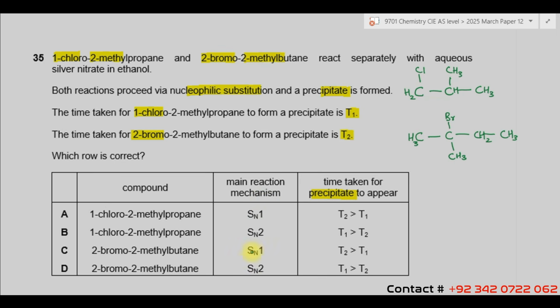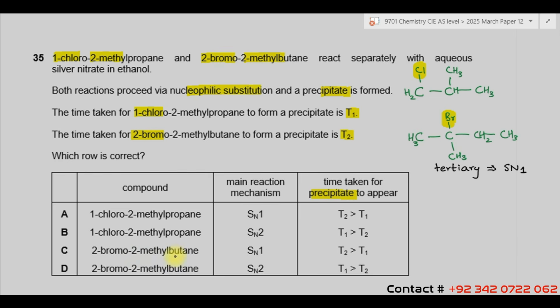SN1 and SN2. Now SN1 is always followed by tertiary halogenoalkanes. SN2 can be followed by primary halogenoalkanes. We can see we have bromine and we have chlorine. So this bromine is attached to carbon, which is directly attached to 3 carbon atoms. So this one is tertiary halogenoalkane. So it follows SN1.